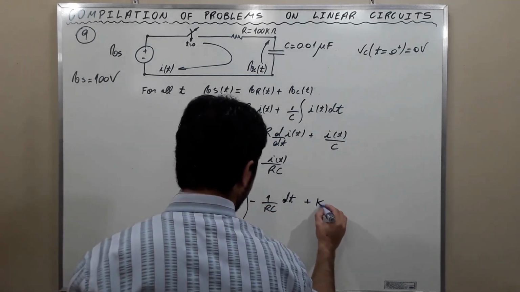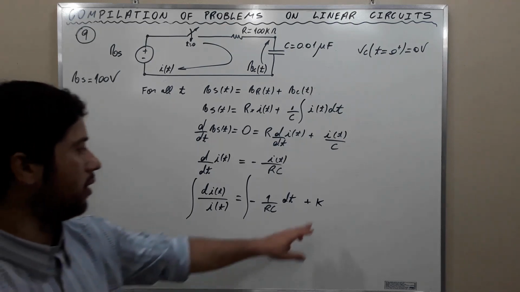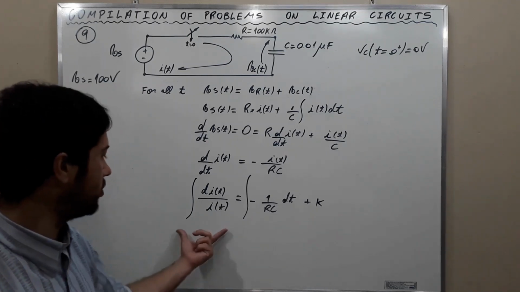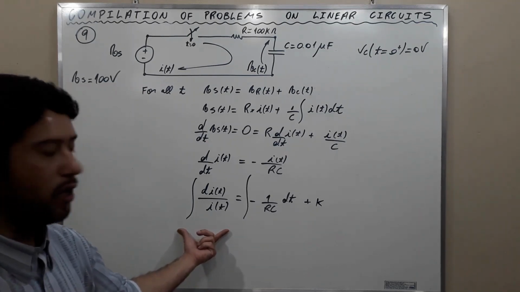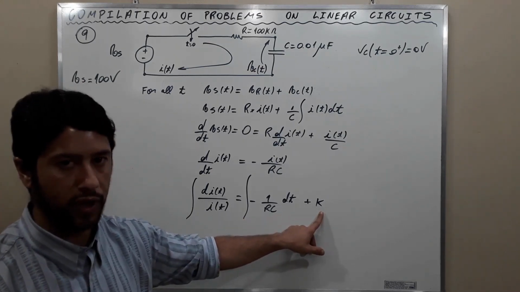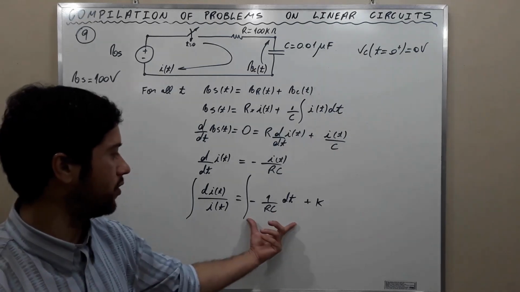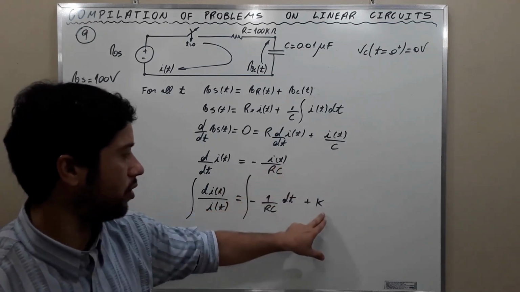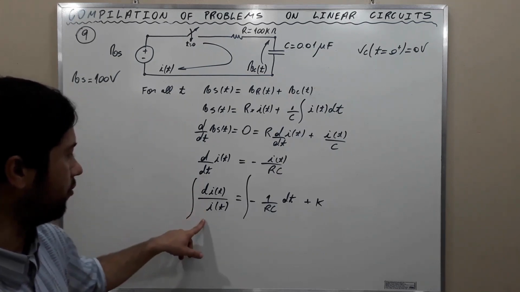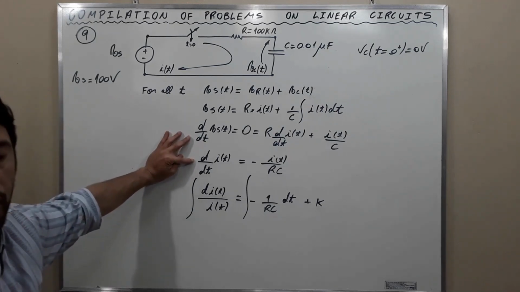And they differ only by a constant of integration. The integral of this must be equal to the integral of this, and the difference is only a constant of integration. Because the derivative of a constant is 0, the derivatives will have to be equal, because this is where we come from.